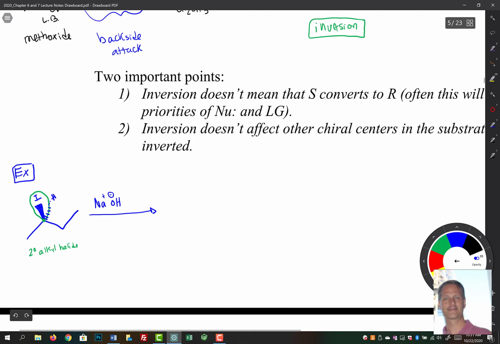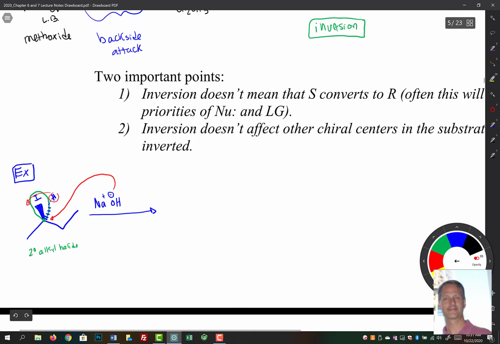Right now, the hydroxide needs to swing around here and react at this carbon. And when it does that, it's going to take this H and push it into this forward position, because it actually needs to attack 180 degrees away from our iodo group.